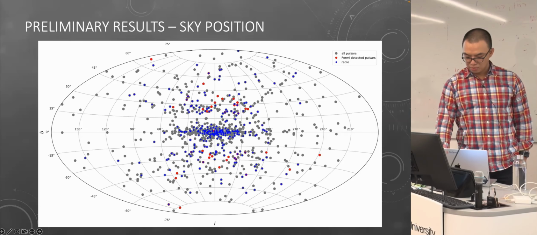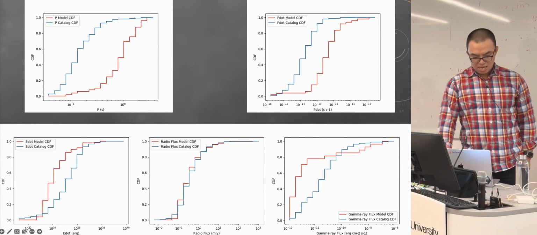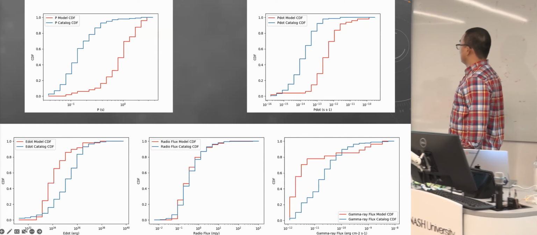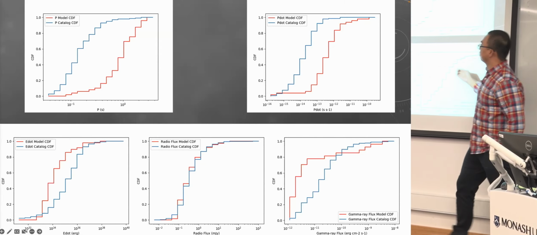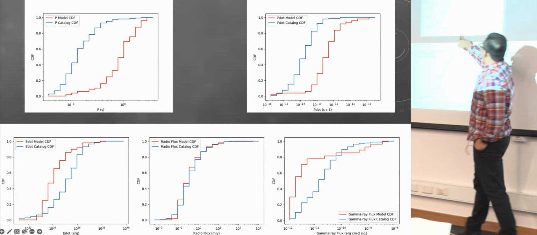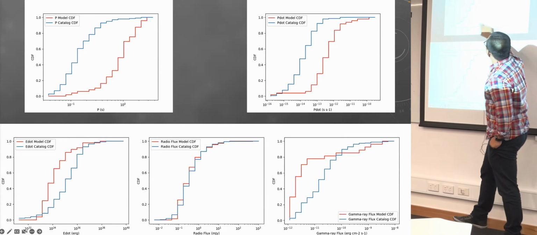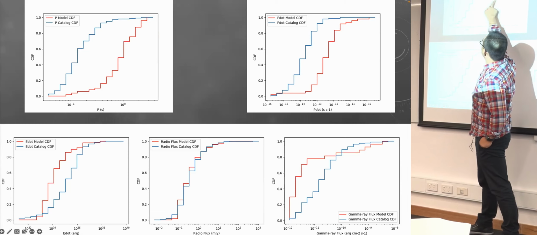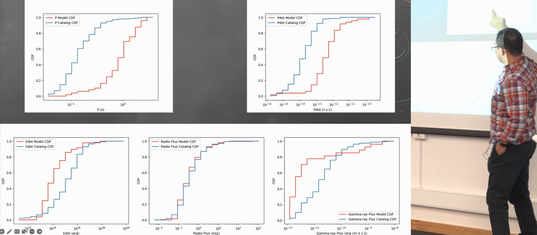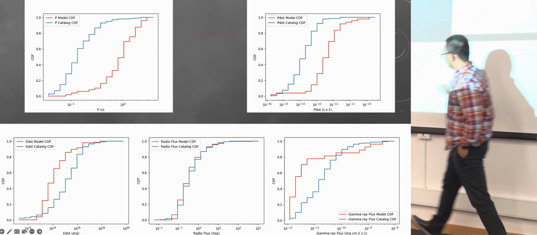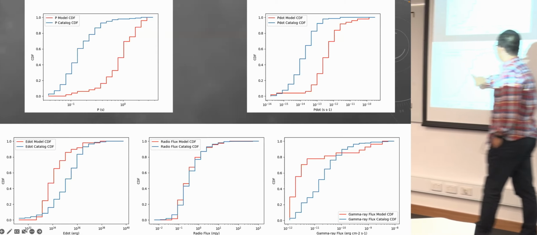We can also see some cumulative distribution functions of the physical properties of the pulsars. We have the period comparison with the catalog in blue and the model in red, and that's for the period derivative. And this is for the Edot, the spin down power.